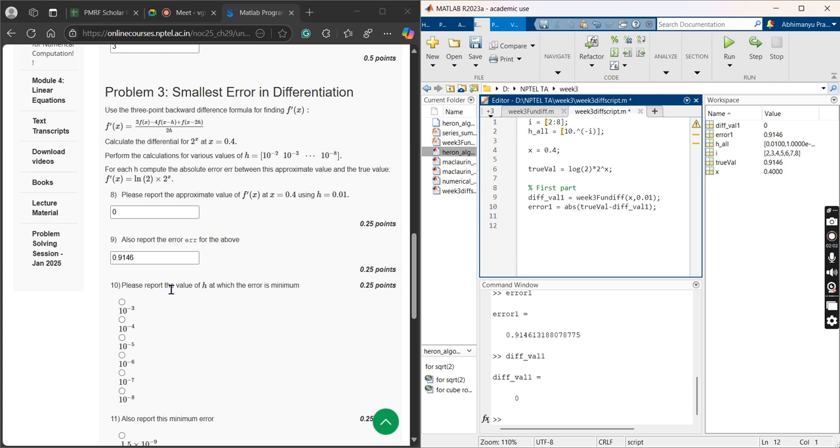Now I need to run this whole algorithm for all the values of h. So I will just run a while loop for j from 1 to the length of h all, and I will store the values.